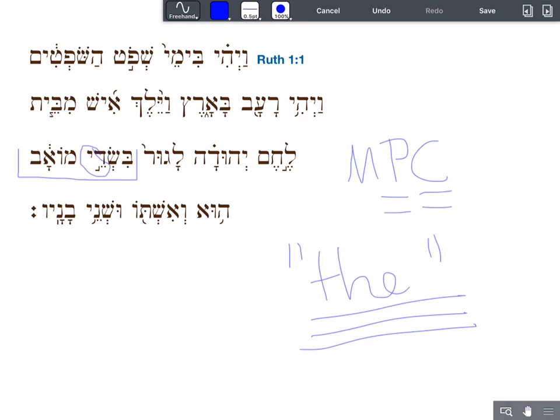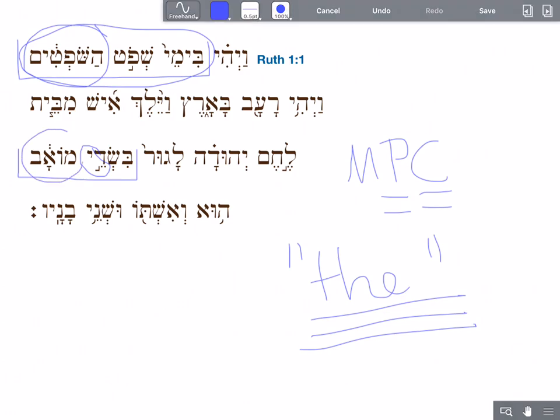And why is it definite? Remember from the first half of Ruth 1, this construct package up there, that if the last word is definite, then the whole construct package is definite.